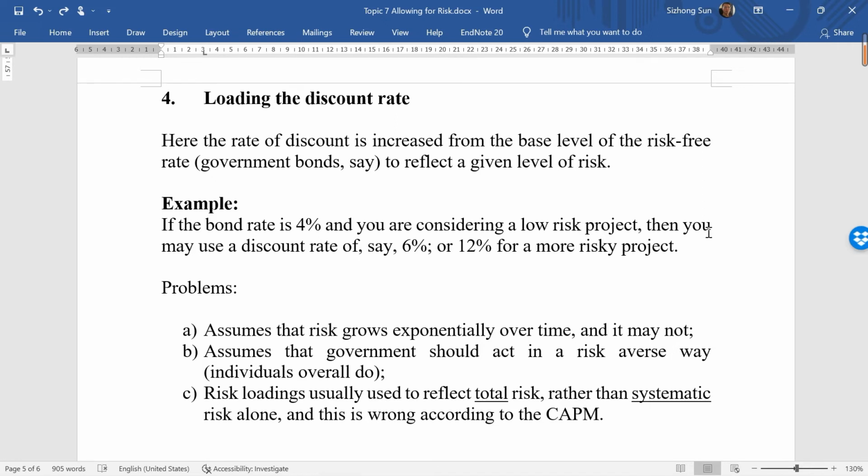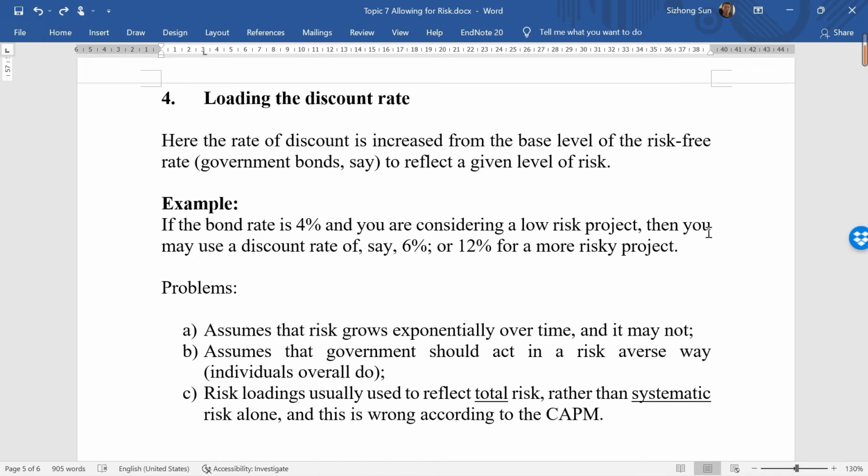An example: if the bond rate is 4%, which is risk-free, and you are considering a low-risk project, then you might use a discount rate of, say, 6%, which is just 2% over the risk-free rate. In contrast, if the project you are assessing is risky, then you might use a high discount rate, say 12%.